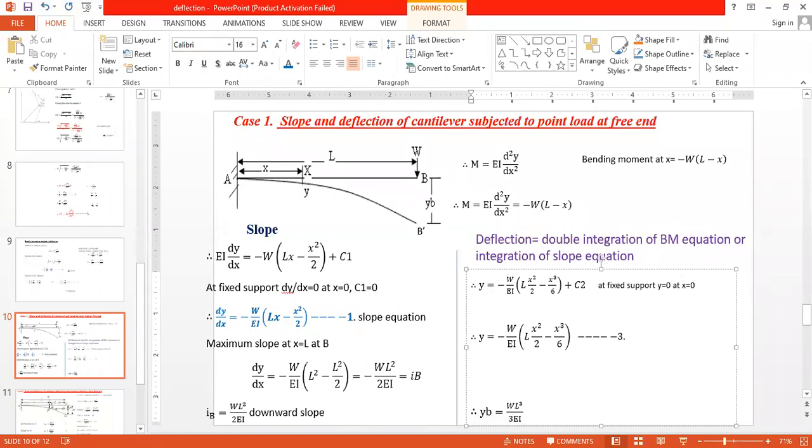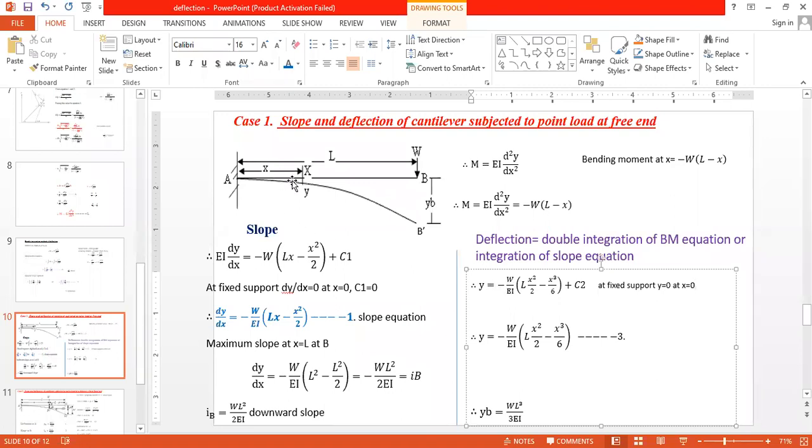At fixed support, at x is equal to 0, y is equal to 0. Now that means at A, when we put x is equal to 0 in this equation, your y term is 0 because there is no deflection.